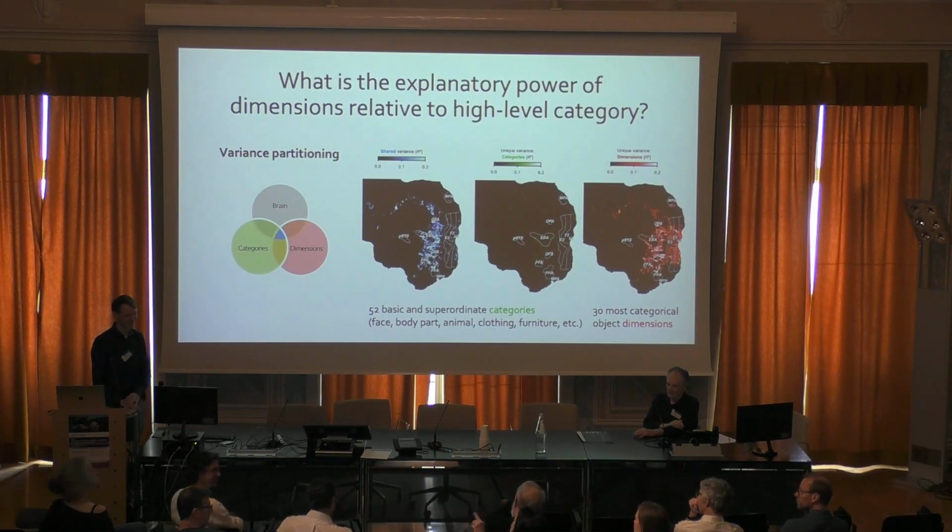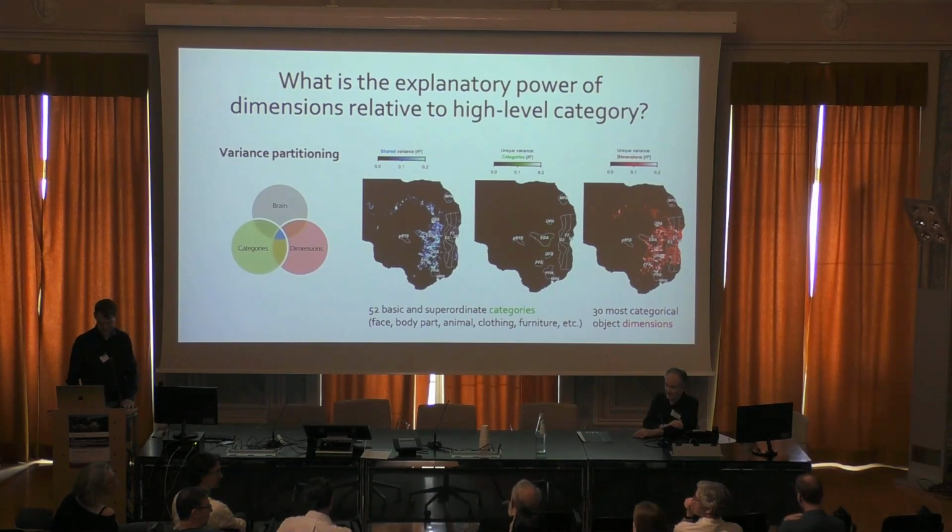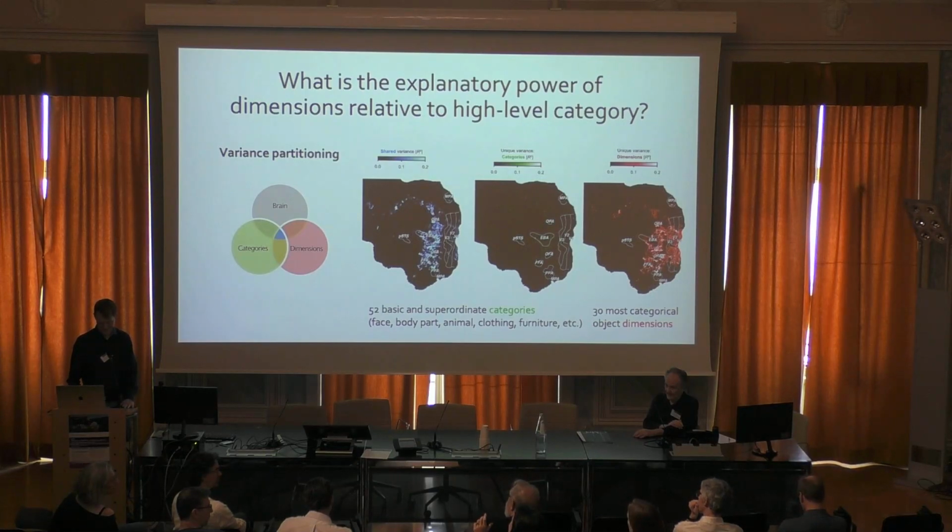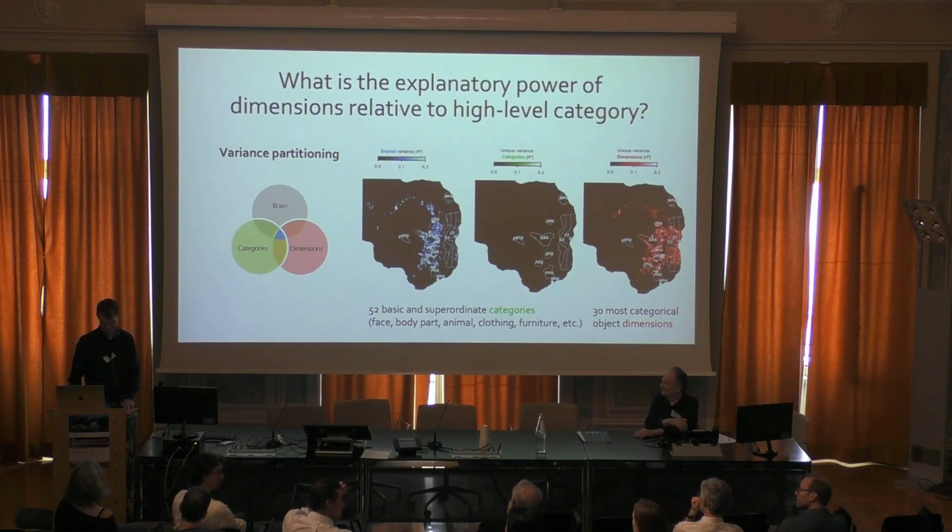I want to go back to how you hand-picked the images, and the consequences that might have for the overlap between dimensions and categories. Because I'm guessing, but perhaps you're going to tell me I'm wrong, that you tried to pick good exemplars of the objects. So you tried to pick good examples of apples and good examples of cars.